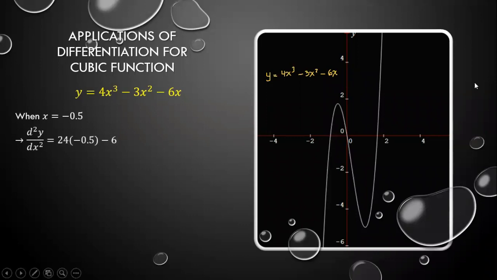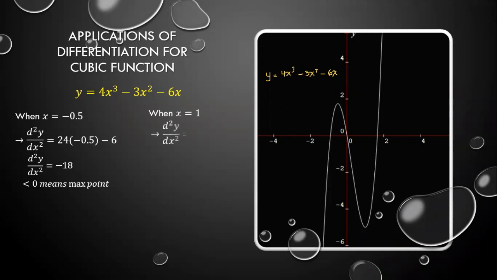When x equals minus 0.5, we got that d2y over dx squared is minus 18. We found this one before. Less than 0 means a maximum point. But when x equals 1, by inserting this into d2y over dx squared, we found that the value is 18.